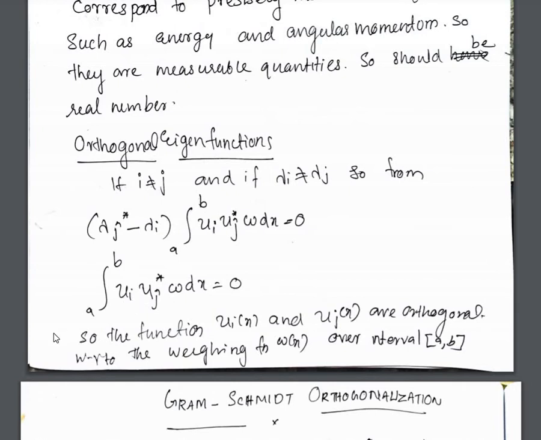In order to satisfy the condition that the integral from a to b of ui uj star w is equal to 0, ui should be orthogonal to uj with respect to the weight function over the interval a to b. So here we prove the second property of a Hermitian operator.